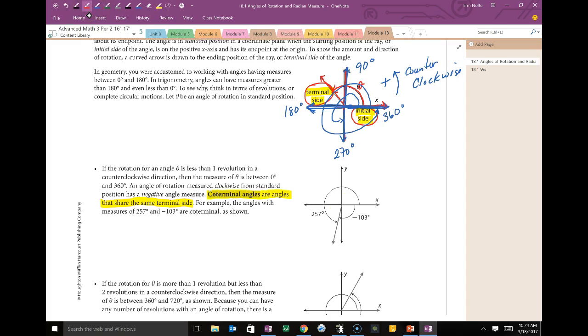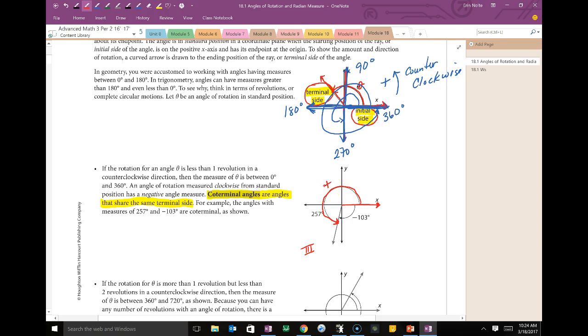If we have our initial side lying on the x-axis, and we go in a positive direction to 57 degrees, we land somewhere here in the third quadrant. Okay, so that's the positive.